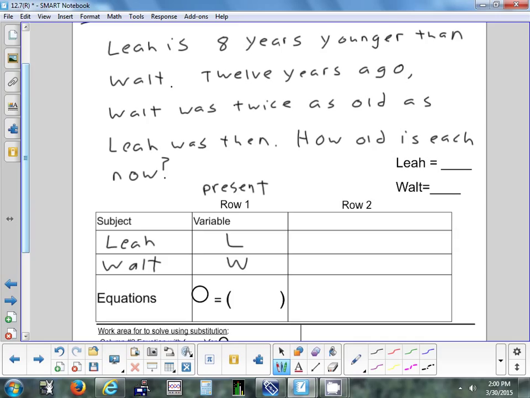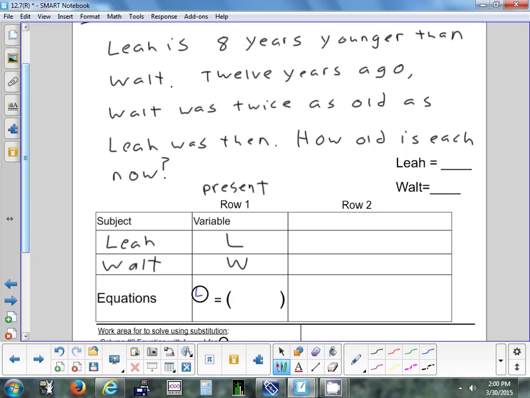Okay, so now look at your first equation. It says Leah is. Okay, William, what does is mean? Equals. And how did we represent Leah? L. L is. Okay, so L is the letter that's by itself. L is. Now, 8 years younger than Walt.